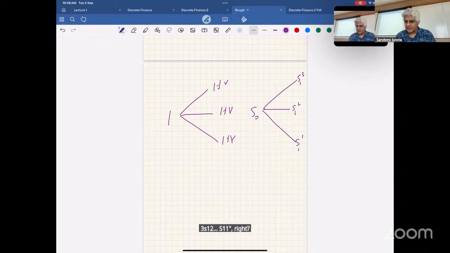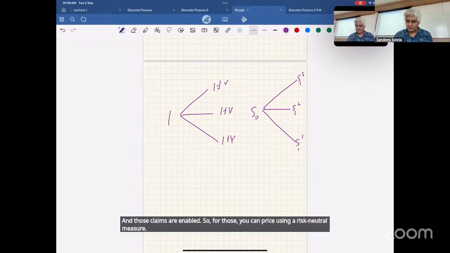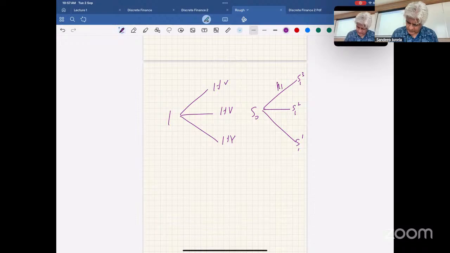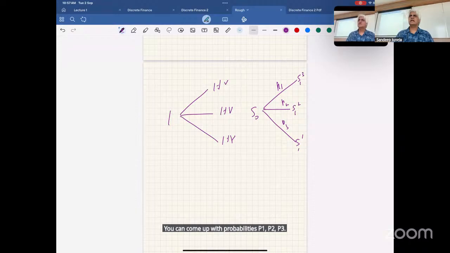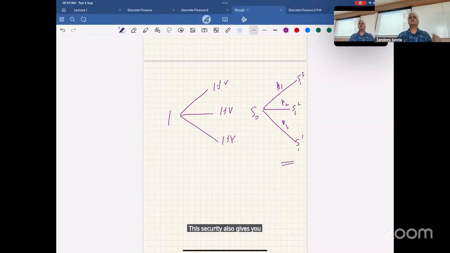Now, certain claims are attainable here, those which can be obtained by a linear combination of these two securities. So those you can price using a risk neutral measure. You can come up with probabilities P1, P2, P3, so that under these probabilities this security also gives you the rate of return 1 plus r on average, right?